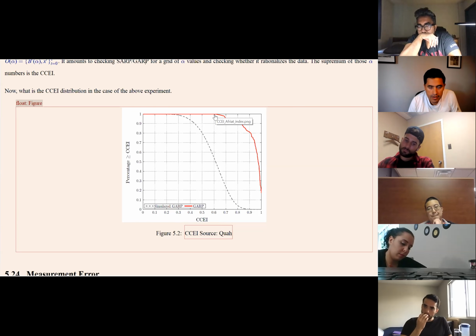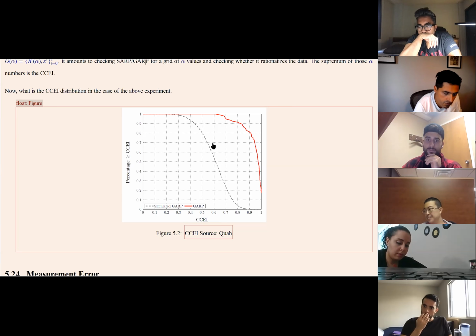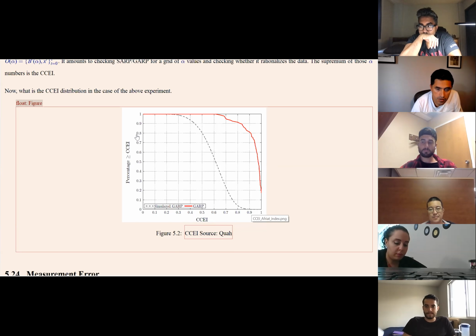So basically with a point 9 efficiency, there's like 80% of the population that passes. But if we want the entire population to pass GARP, then we would need a much lower alpha.